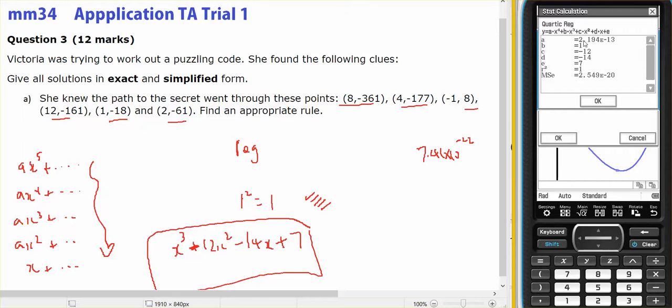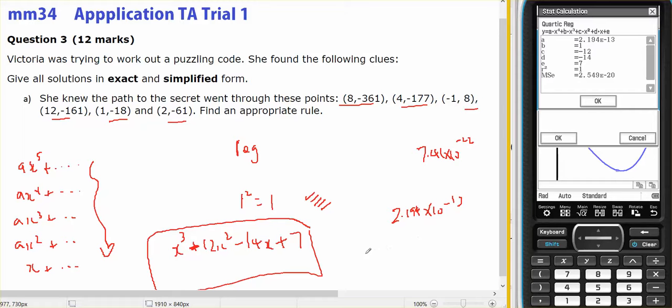However, my value of a is 2.194 by 10 to the negative 13, which is 0.000000000000219, effectively 0. Because I'm in the statistics part of the calculator, I don't get exact answers, I'm getting approximates. So this is approximately 0.